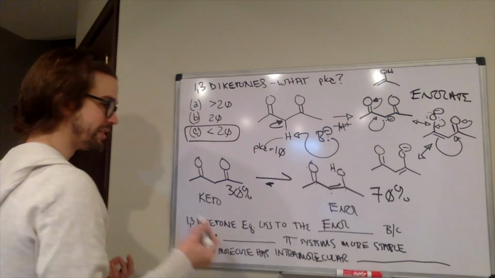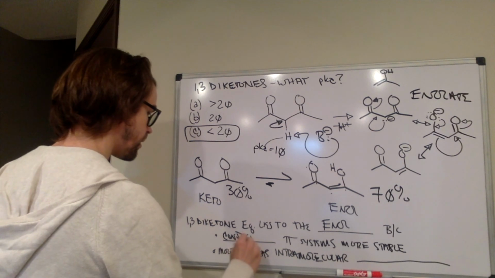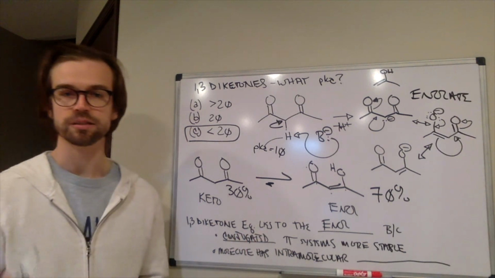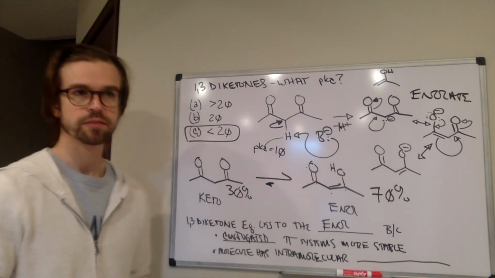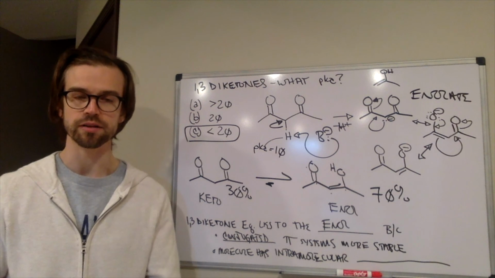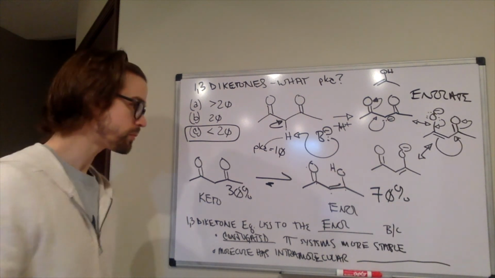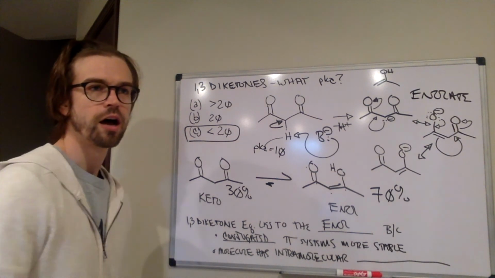So that is a conjugated pi system. And conjugated pi systems are more stable. We saw that a lot, both in the aromaticity chapter and even in the chapter before that where we were just talking about conjugation.